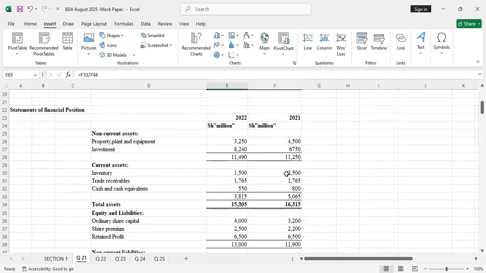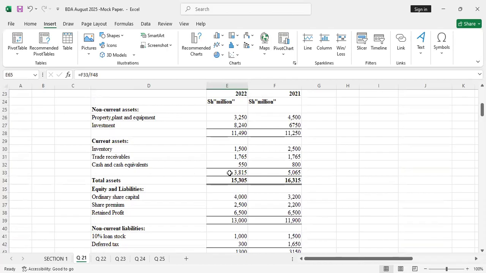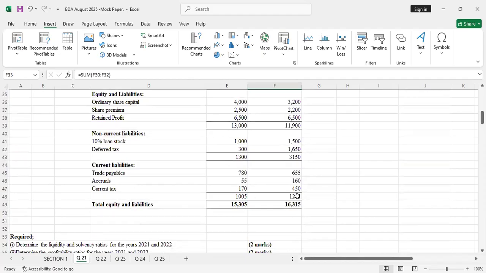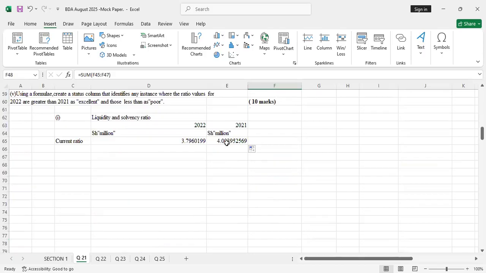This is F. So 33 is this one, correct? You divide by what is the current liabilities? This one, F48. So just drag F33 divided by F48. So I'm done with that ratio.